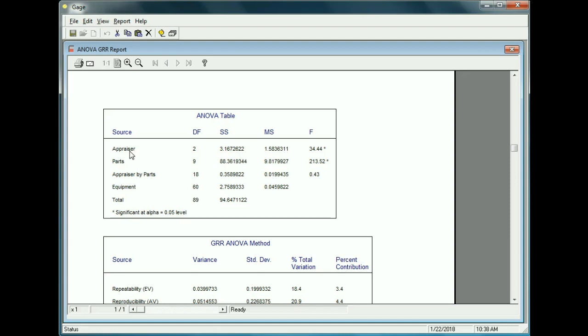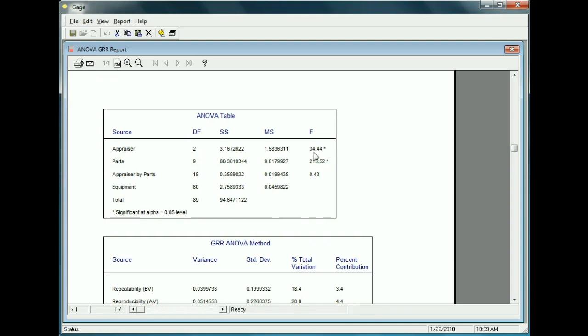We find that for the appraiser component of variation, we calculate something called an F ratio, which is basically the ratio of the mean square value divided by the equipment variation or the error variation.